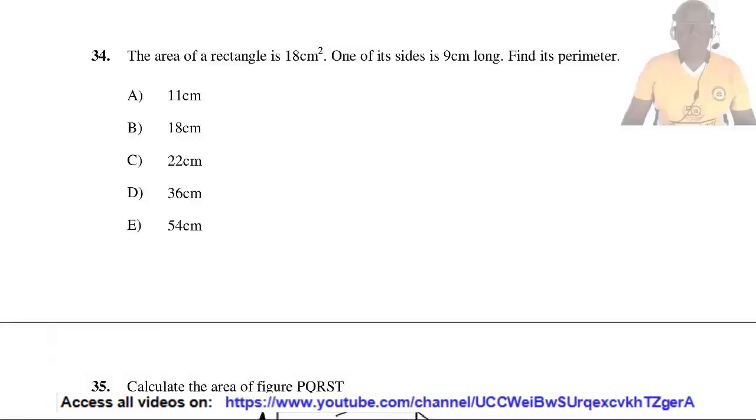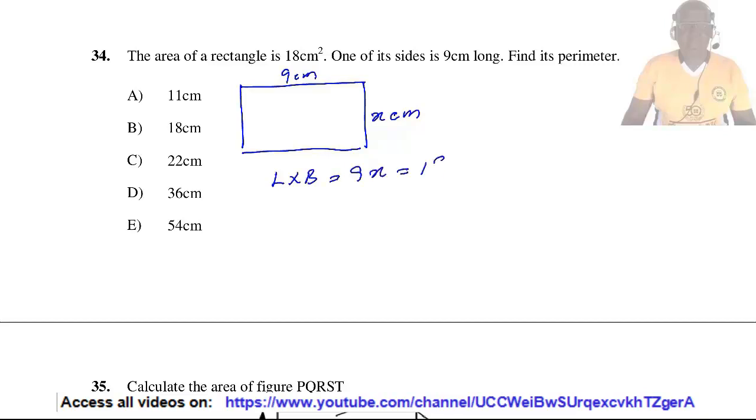Question 34. The area of a rectangle is 18 centimeters squared. One of its sides is 9 centimeters long. Find its perimeter. Let us make a rough sketch of the rectangle. This is 9 centimeters, and let this be S centimeters. The area equals length times breadth, which equals 9S, and this equals 18.